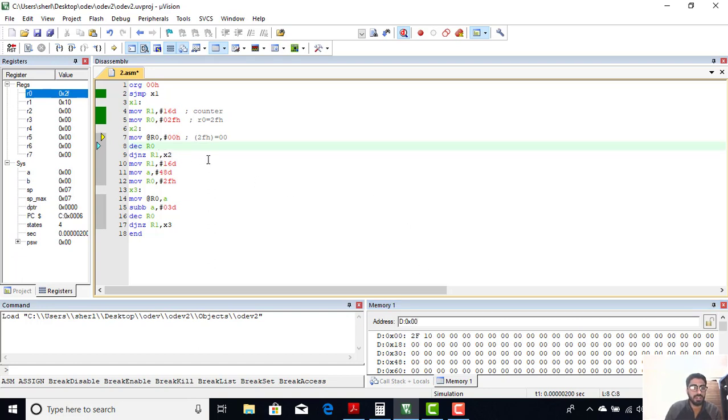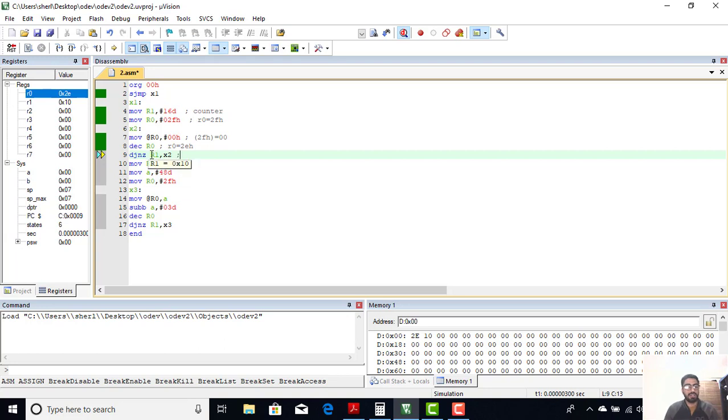And now in this step we are decreasing R0, because we used it to clean 2F hex and then 2E. So the next step is 2E, so now R0 will be equal to 2E hex. In this line we are using the command decrease and jump if not 0.